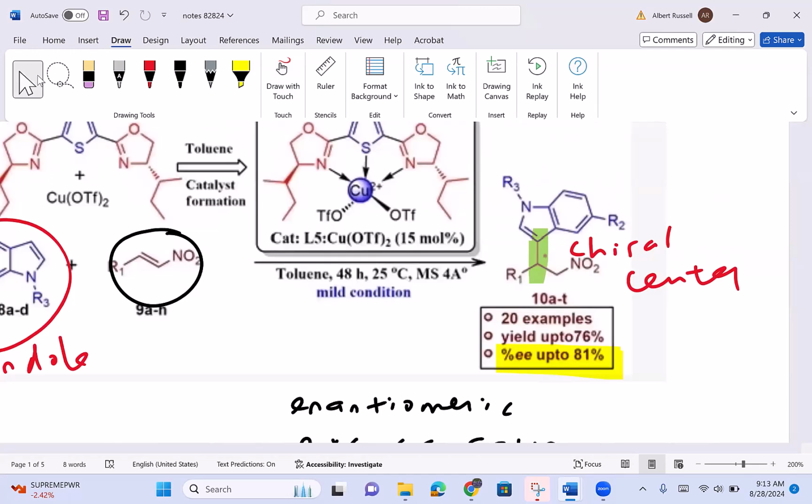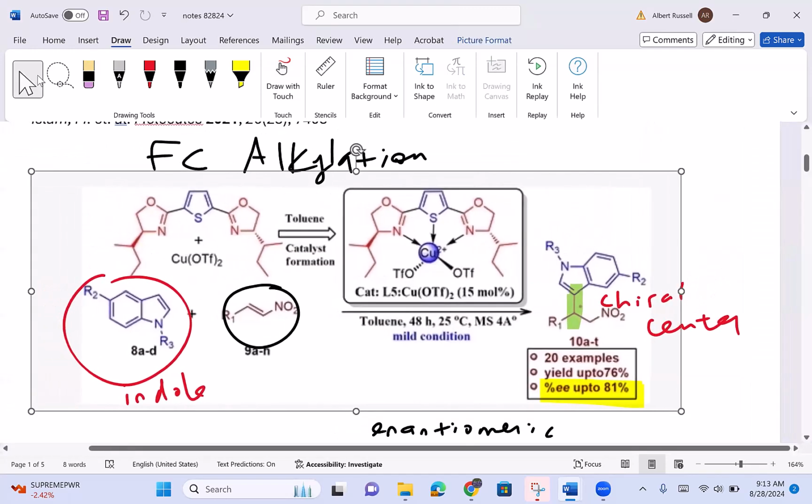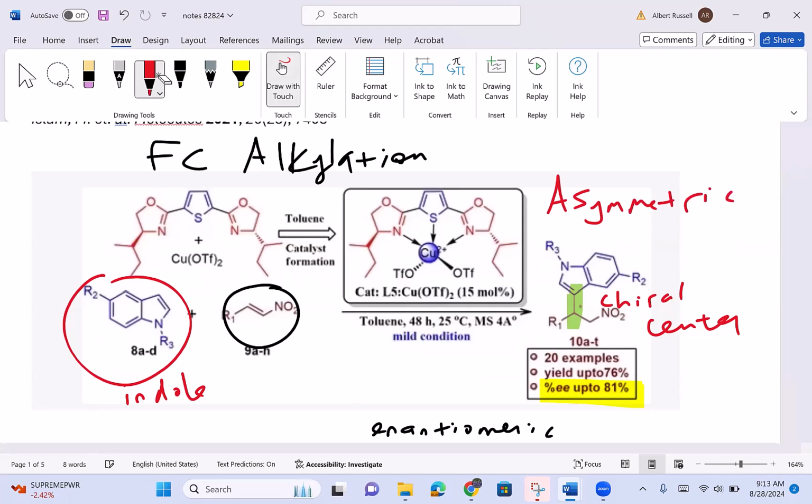But the way they did it is through a process called asymmetric catalysis.